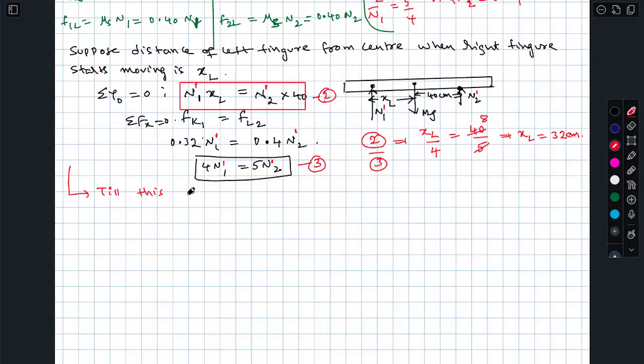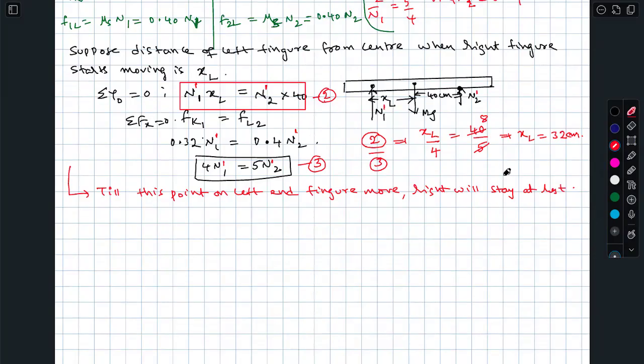Till this point, only left end finger will move. Right will stay at rest till this point.